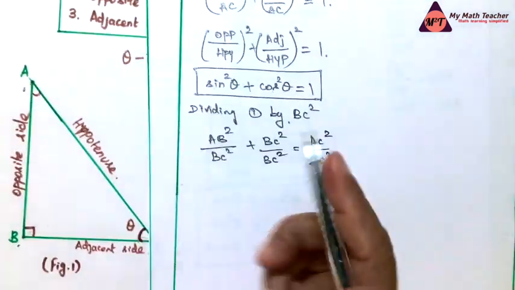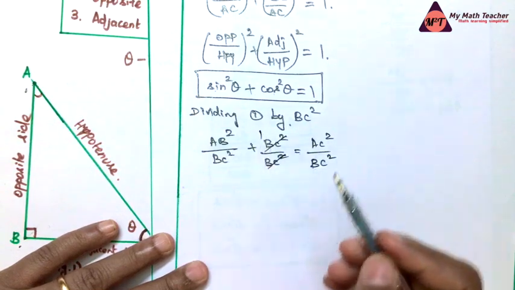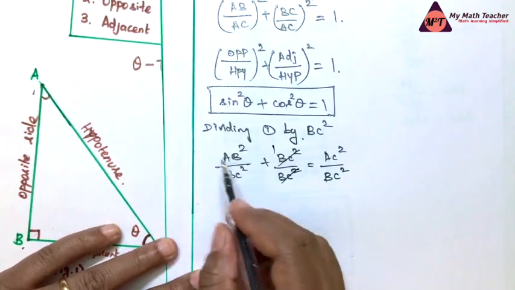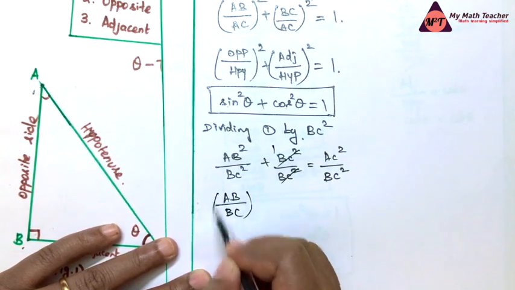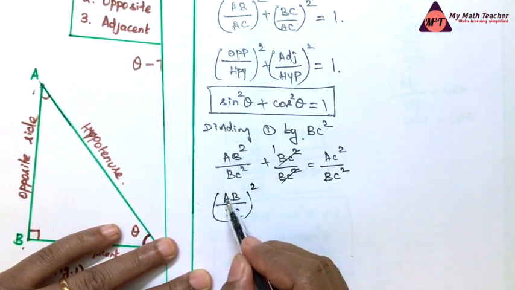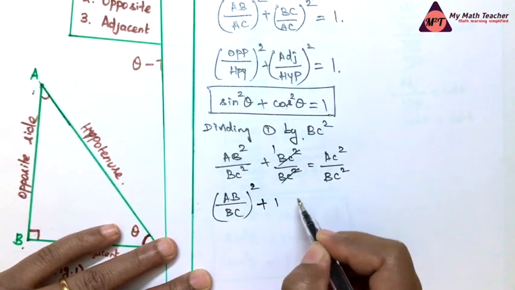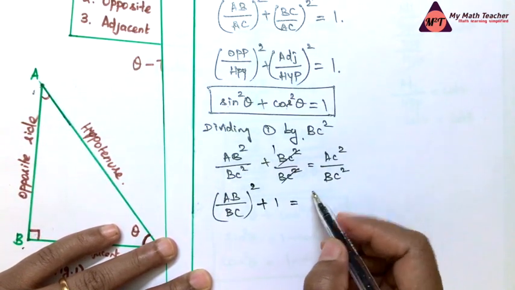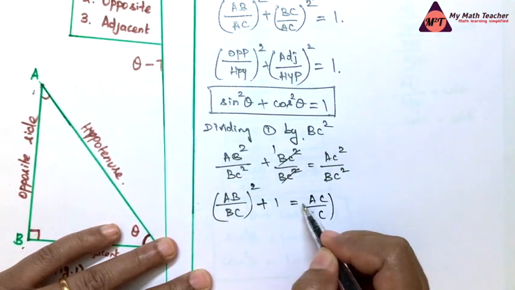Okay, here as you can see, BC square and BC square, when you divide it will be 1. So instead of this we can write AB by BC the whole square, which is AB square divided by BC square, plus 1 is equal to, what is AC? You can write AC by BC the whole square.